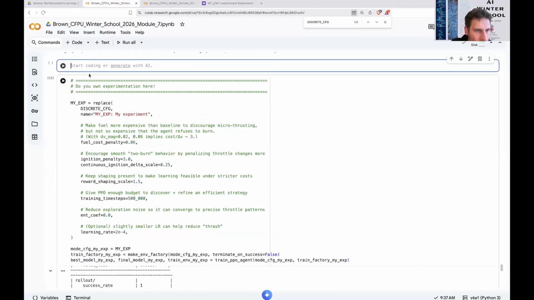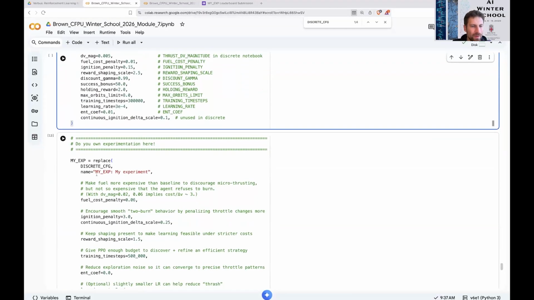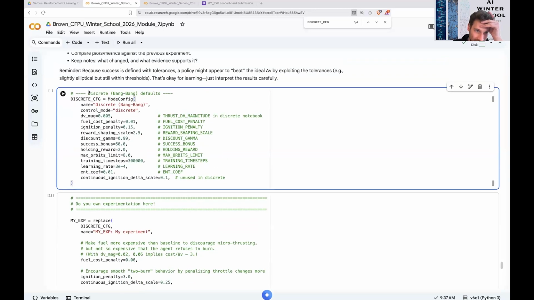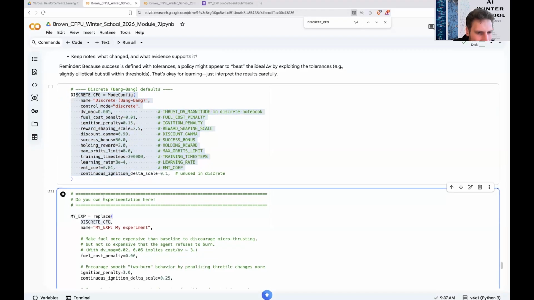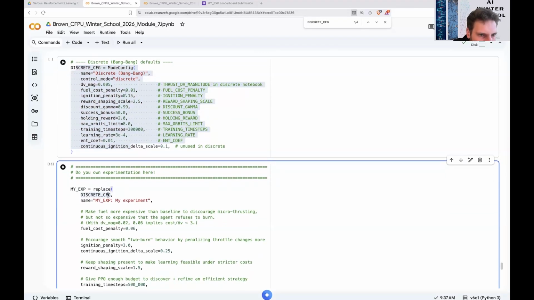For reference, I just copied the full discrete config from experiment one down here. I'm going to reuse that, but I'm going to replace some of these. So let's make fuel cost higher.